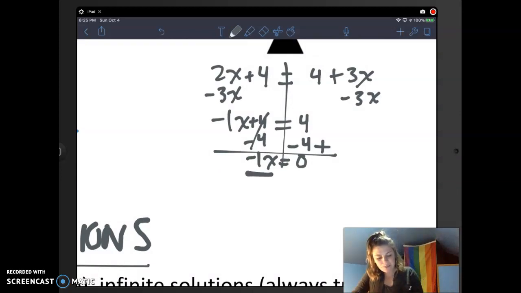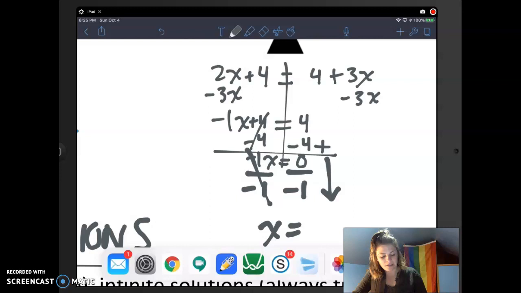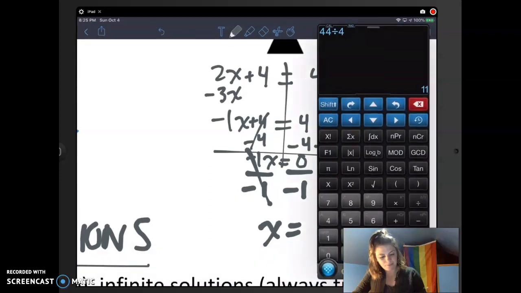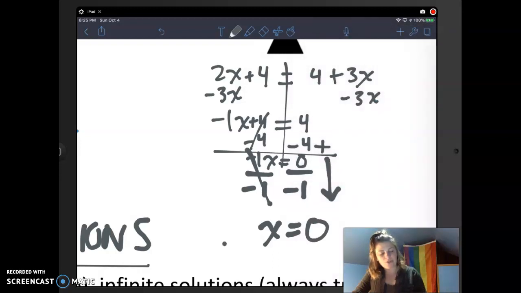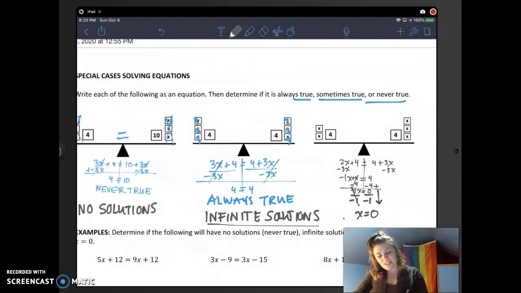Last, divide by the number that's in front of the x. So if we divide 0 divided by anything on a calculator, let's get this out. 0 divided by anything, but in our case we're dividing by negative 1, is always 0. So the only way that this could be true is if we had x equal to 0.